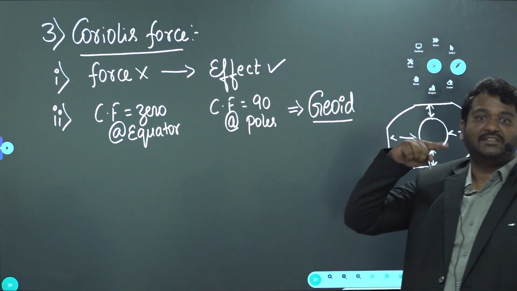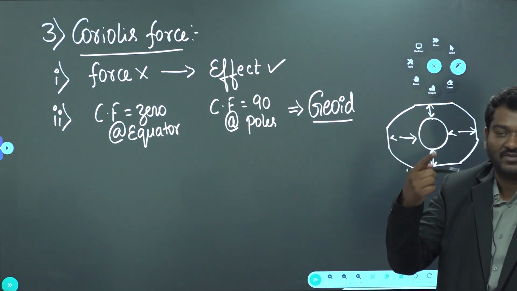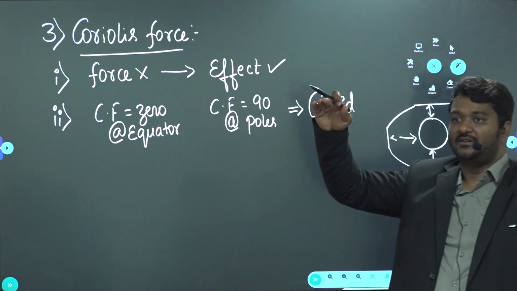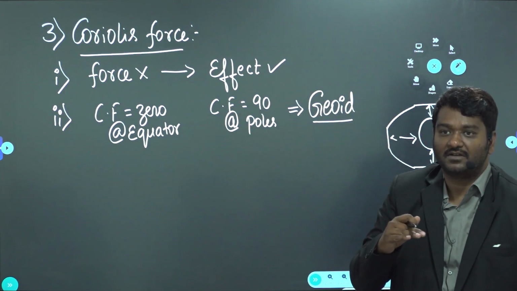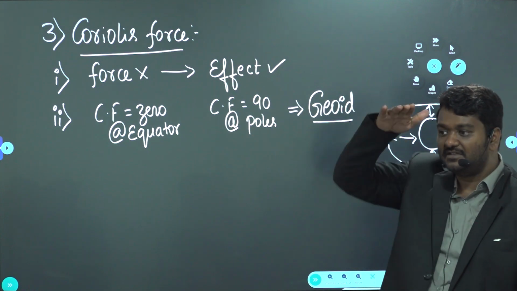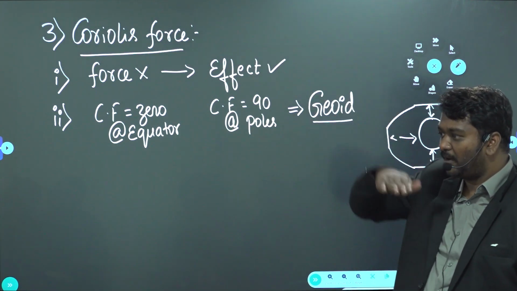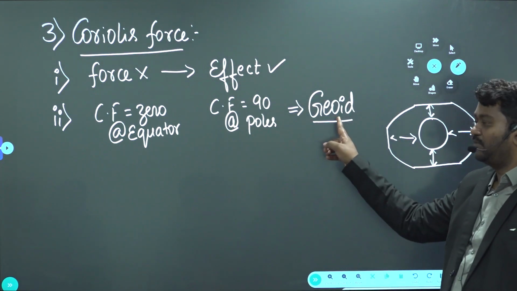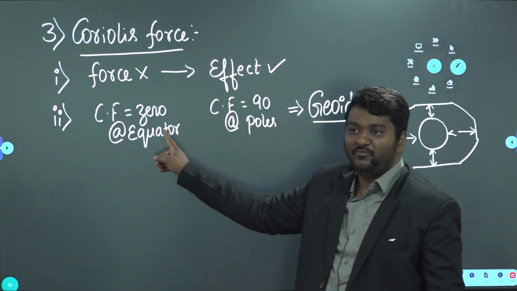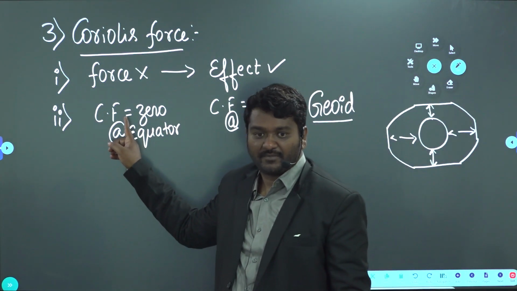When we say maximum near the poles, it is above the Arctic Circle and below the Antarctic Circle. Beyond 66.5 and 66.5, the Earth is flat. Okay, above and below. So maximum will be beyond Arctic and Antarctic. Minimum will be 5 degree to 5 degree.